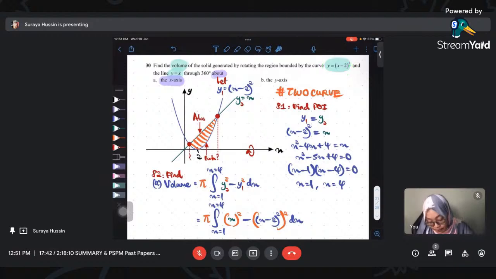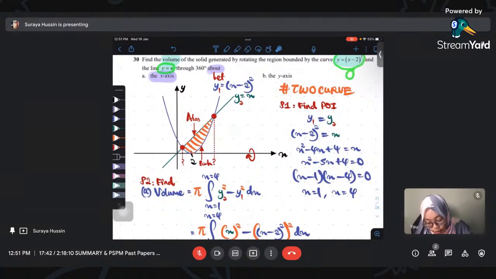Because it said very clearly here we have a quadratic and we have a linear over here. Okay, satu quadratic, satu linear. Then, saya kena baca dia kata dia nak rotate. Dia yang kata that the volume is generated by rotating.